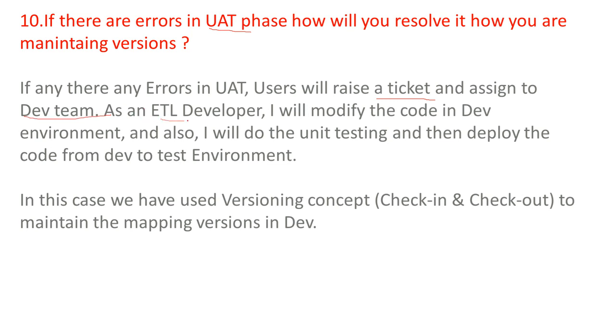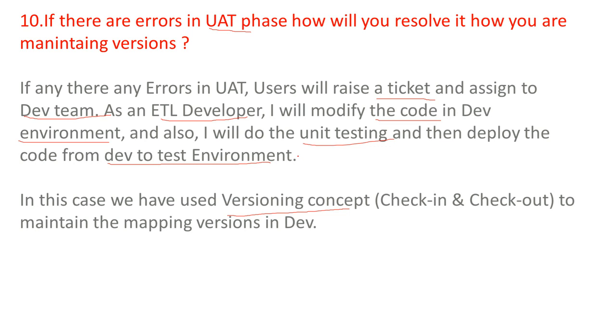As an ETL developer, I will modify the code in the development environment, do the unit testing, and then deploy the code from development to test environment. We saw the structure of the test environment and how it goes to production. We have to do the same thing here, and in this case we use the versioning concept.